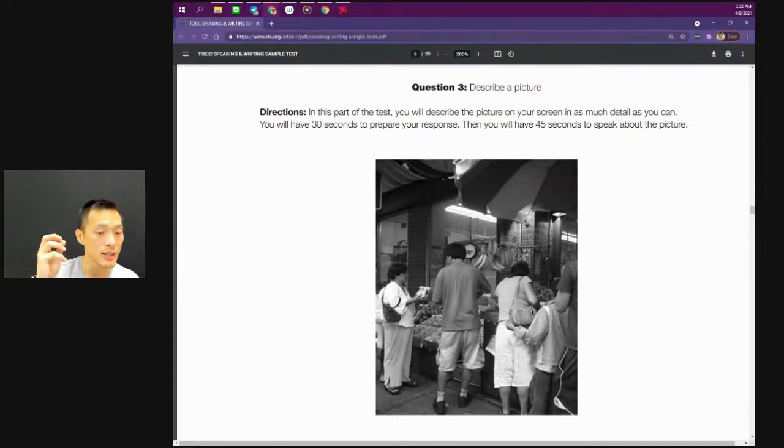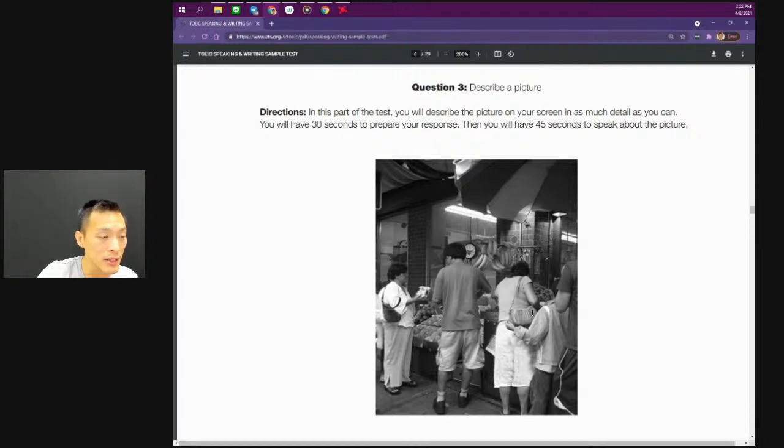So let's do that again. Looking at the shoppers, I believe that this market is probably either in Europe or the Middle East because the shoppers don't seem to have Asian heritage. Or a simpler way to say that would be, hey, the shoppers are not Asians, so this is probably not in Asia.